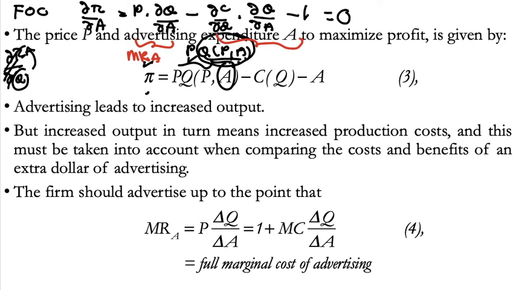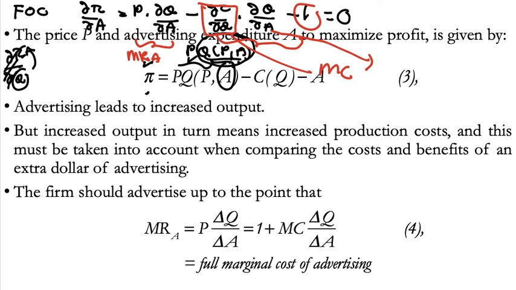This is the full marginal cost of advertising. Now, if you look at the first bit here, have you seen this before? Of course, this one is marginal cost. What is this? This is the change in quantity due to advertising expenditure. This is the marginal cost due to advertising expenditure.